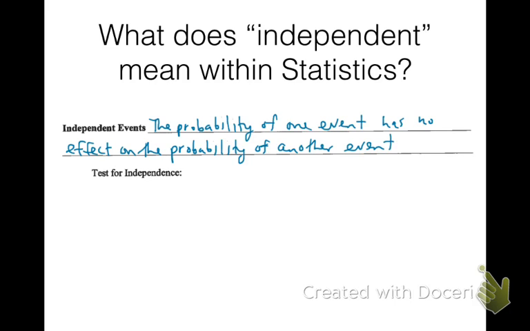Okay? If the probability of one event occurring has no effect on the probability of another event occurring, what we say is they are statistically independent events. The way we're going to test for independence is by this formula.